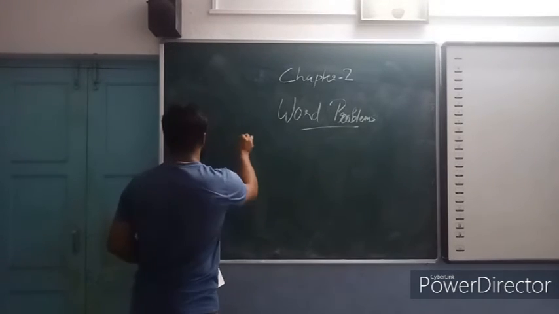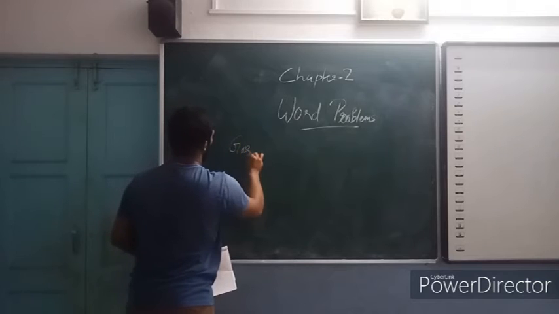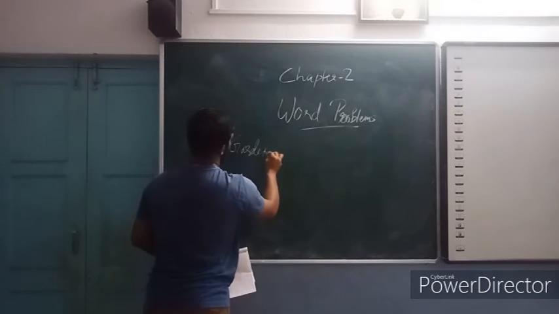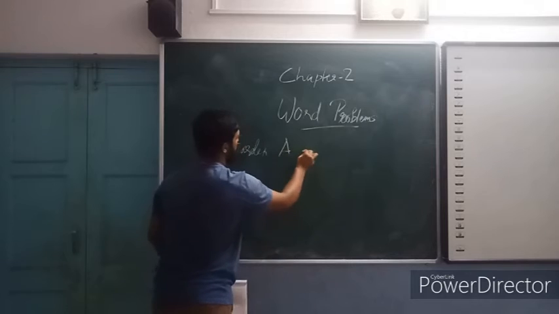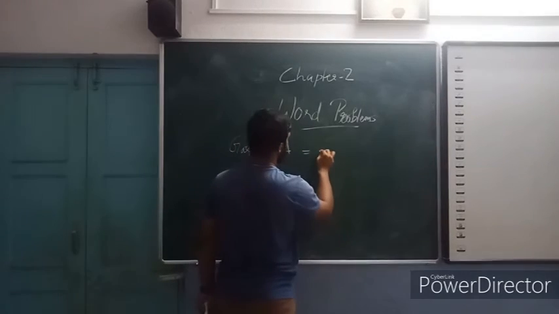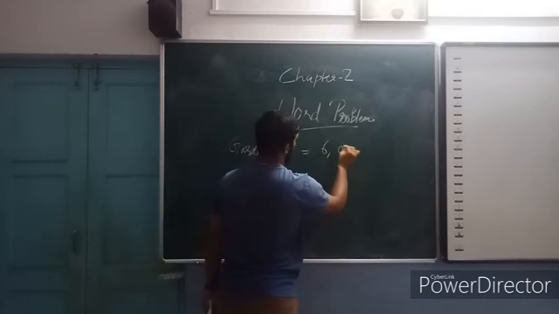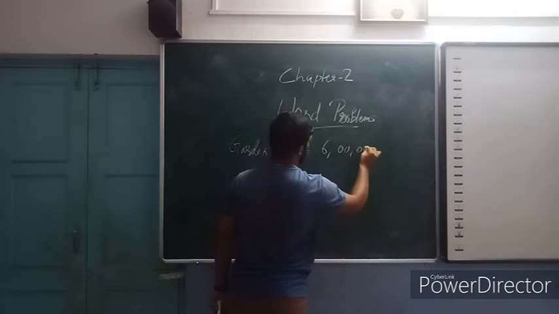So given that garden A has 6 lakh flowers.